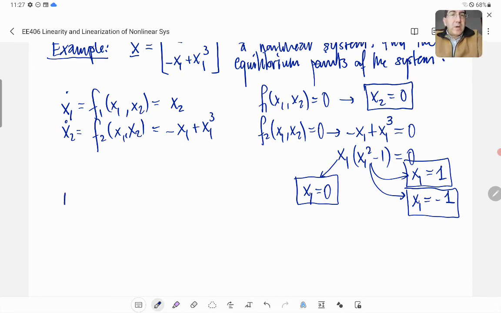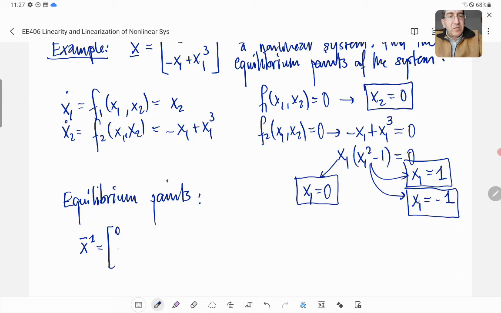Okay, so the equilibrium points are the combinations of those. The first equilibrium point, x bar 1, is equal to 0, 0.